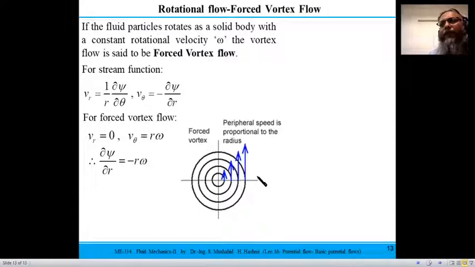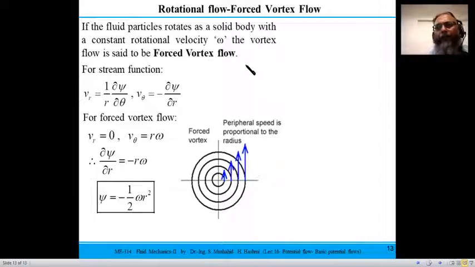It is different from free vortex, where the tangential component was inversely proportional to r. Here it is directly proportional to r, so as r increases linearly, your tangential velocity increases. It is not like a tornado; it is like a disk moving as a solid. When your fluid particles move as a solid, we call it forced vortex flow.